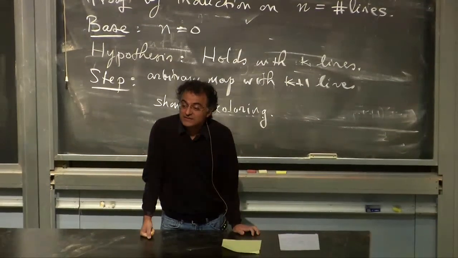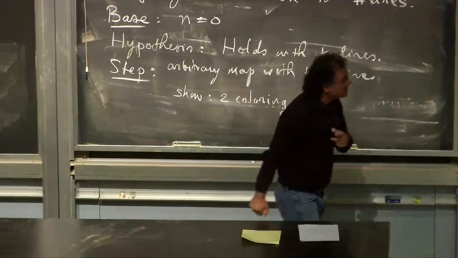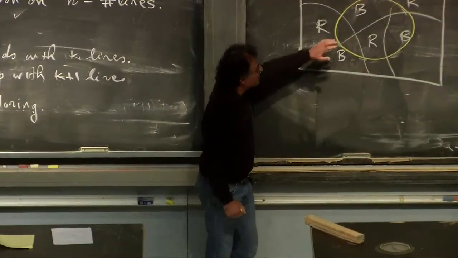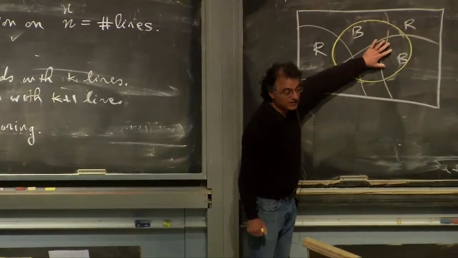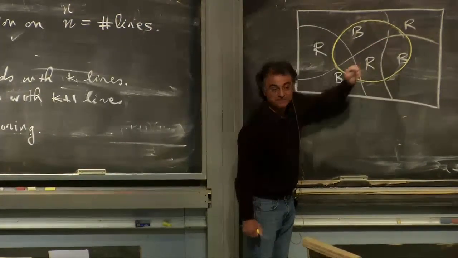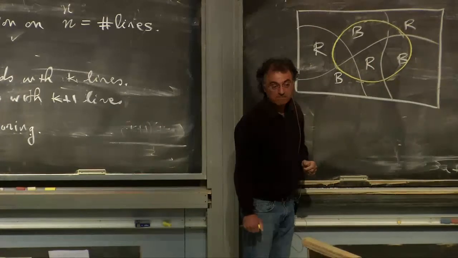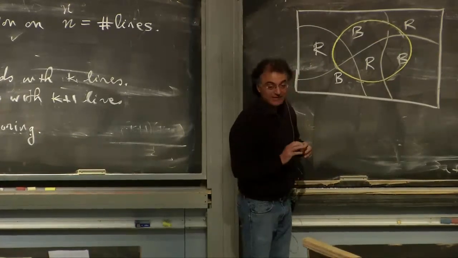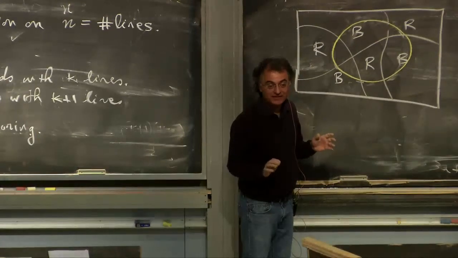Yes? Very good. So what you do is you take all the colors on one side of the line, say the inside, and you flip them. Right? If it's blue, make it red. If it's red, make it blue. The claim is now you get a valid coloring.